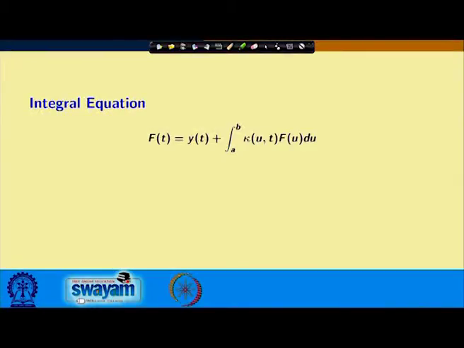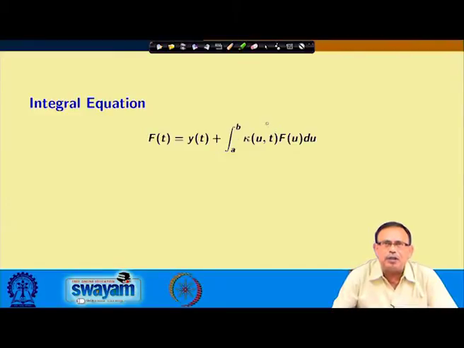You see the form of an integral equation: f(t) equals y(t) plus integral from a to b of k(u, t) f(u) du. This is an integral equation where the function f(t) we have to determine, and you see f(t) is coming under the integral sign also.